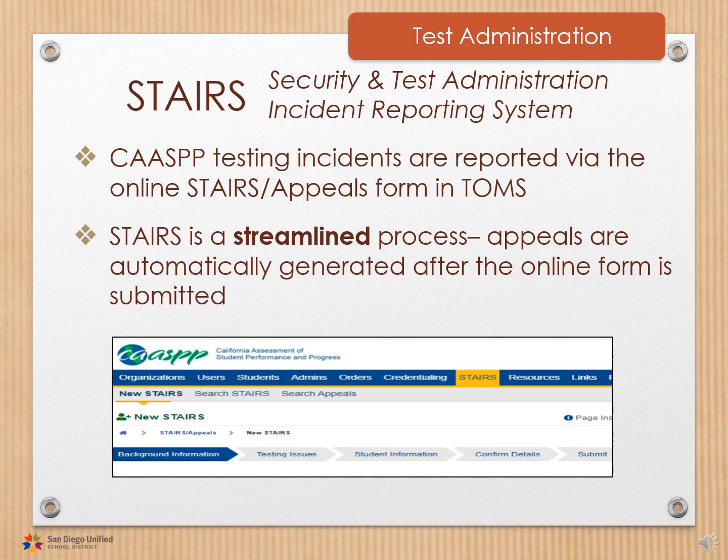The online STARS and appeal process is available in TOMS and must be used by the test site coordinator to report a test security incident or other testing issues that interfere with the administration and completion of the assessment. STARS is a streamlined process and appeals are automatically generated after the online form is submitted.